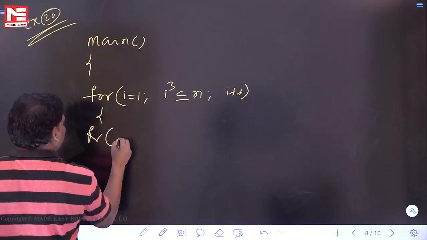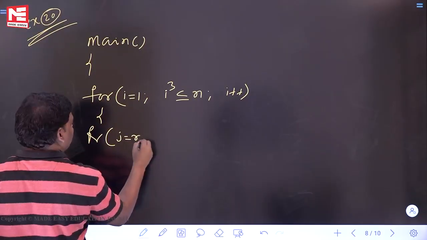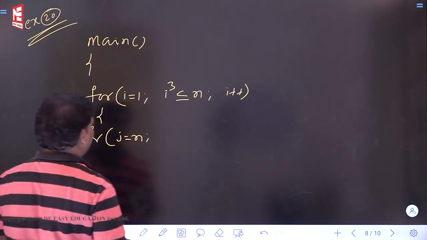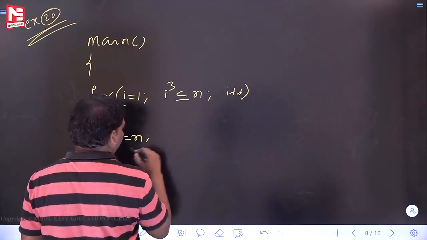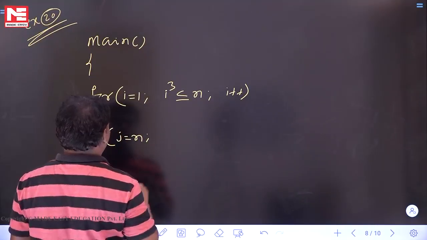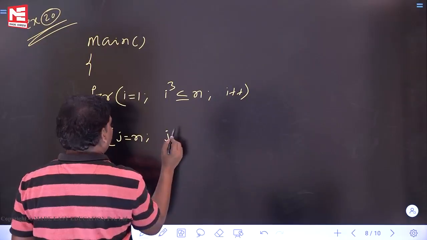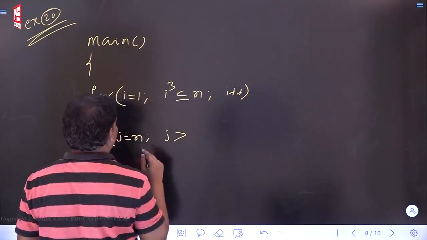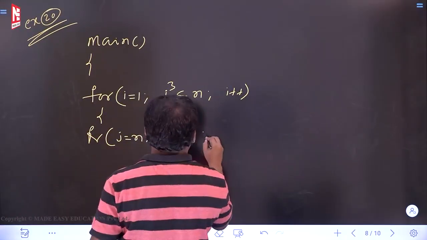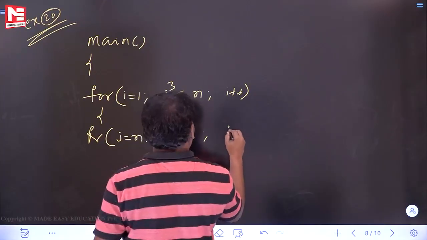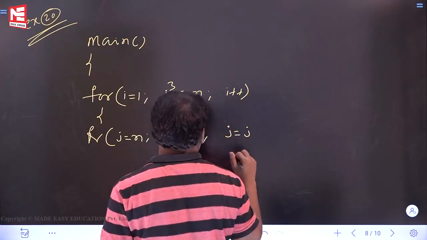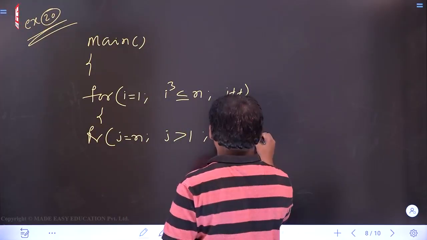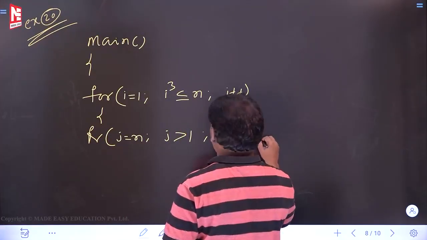For j = n, j greater than 1, j = j by 3.